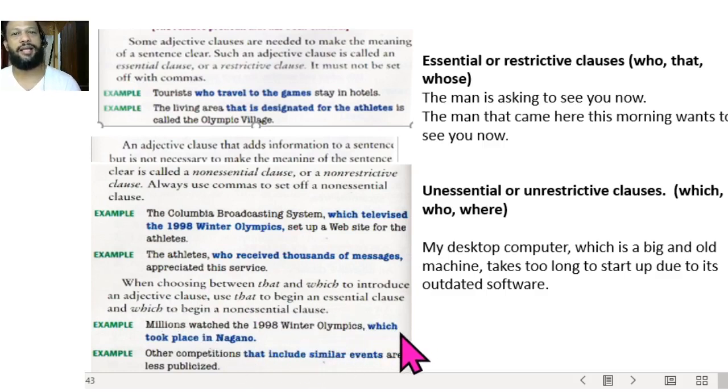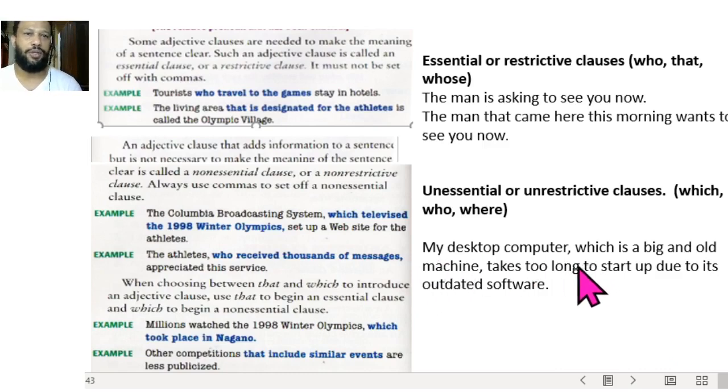One thing they say in the book is that when you're using a non-essential adjective clause, it is better to prefer which instead of that. I'll say always use which instead of that, but you can use who and whose also and where. Look at the examples I provide on the right.